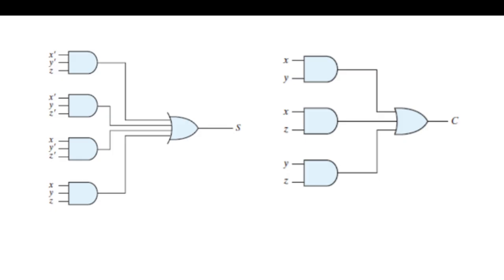So this is the expression of the sum, which is x bar y bar z plus x bar y z bar plus x y bar z bar plus x y z. This we have already seen, and the carry expression is xy plus xz plus yz. So till here we have seen.